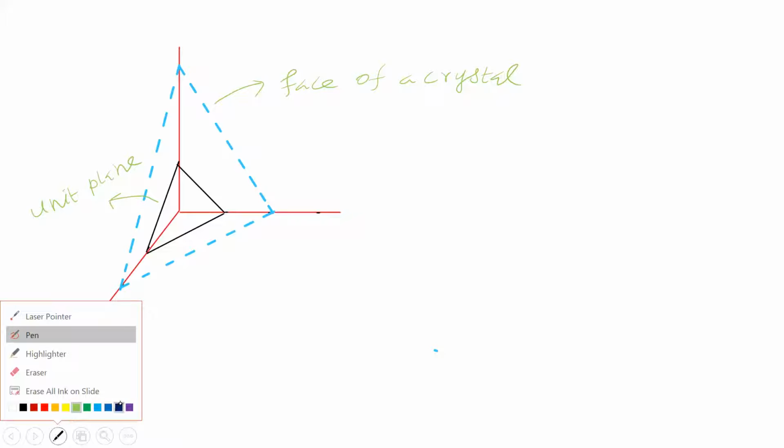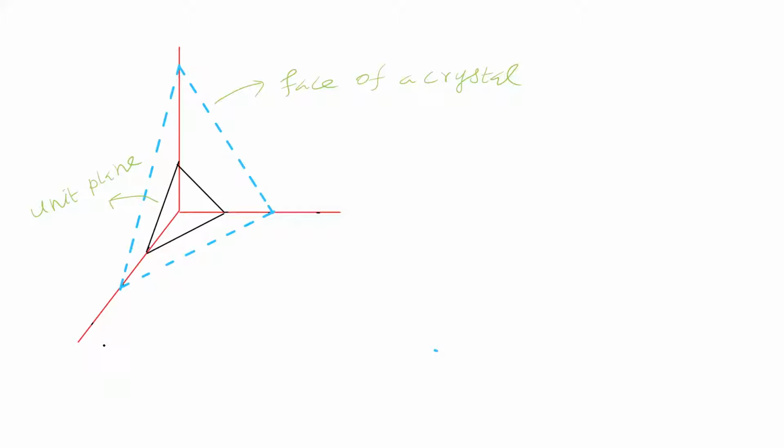In the face of a crystal we will say the values are L, M, N. What is a face of a crystal? In face centered cubic we can see that for each unit cell 6 faces are there. In HCP, there is a top hexagon face, a bottom hexagon face, and surrounding rectangular faces, 6. So many faces are possible. Now we consider LMN as the face of a crystal.